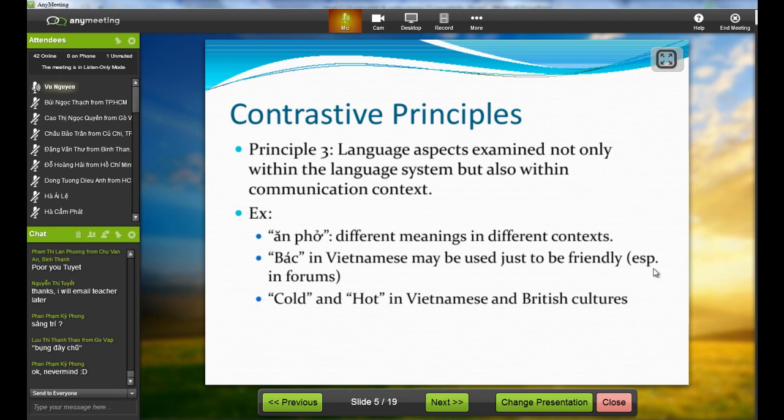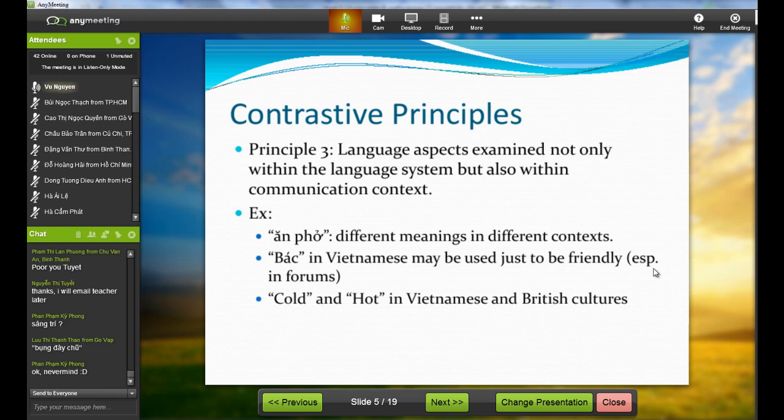Now, the next principle is that when we analyze language pairs, we should not only look at the form and the meaning, but we should also look at the communication context.